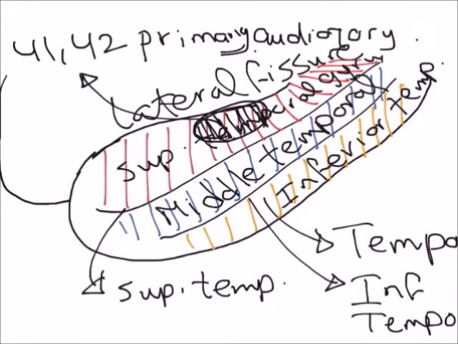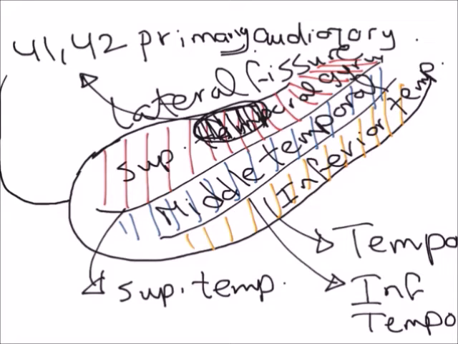This area has the function of perception and analysis of different intensities of sound. If we have a lesion in this area, we have a diminished hearing acuity on both ears, but mainly on the opposite side.